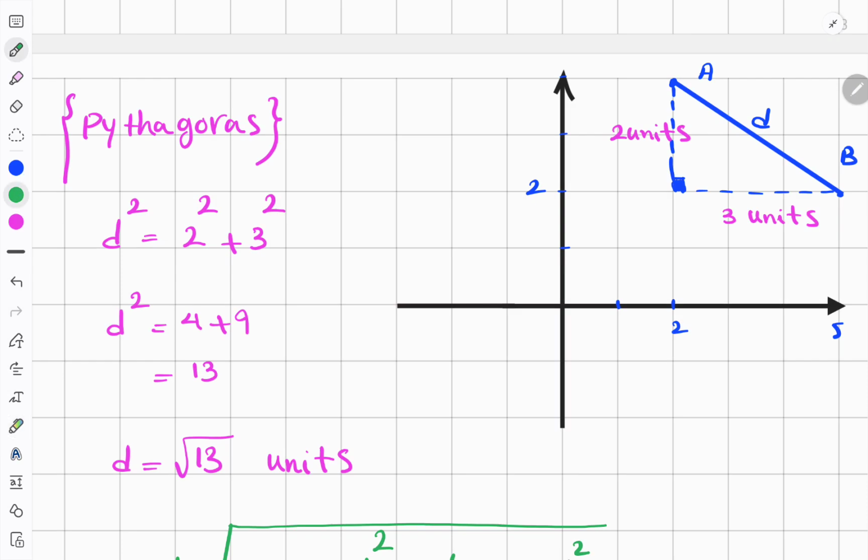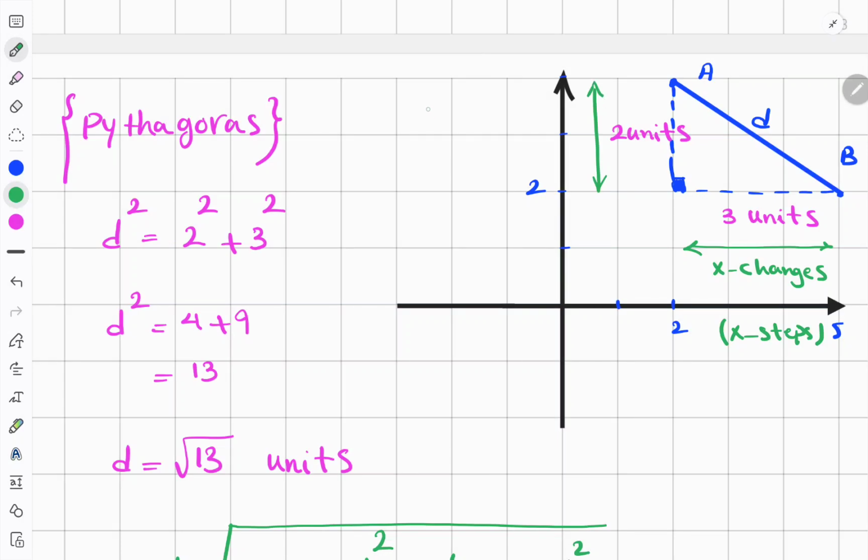as x steps. So let me write this, that this line is x changes or x steps. And how about this one? Let me draw this here.